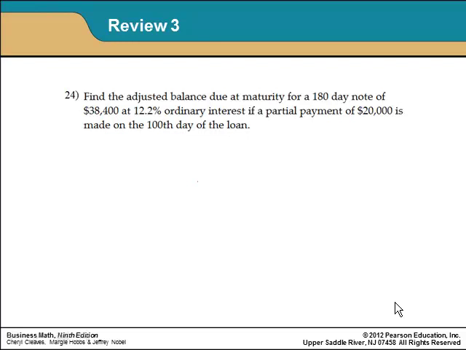Next one. Find the adjusted balance due at maturity for a 180-day note of $38,400 at 12.2% ordinary interest if a partial payment of $20,000 is made on the 100th day of the loan. So we first have to find the interest, which is principal times rate times partial time. 38,400 times 0.122 times 100 out of 360.